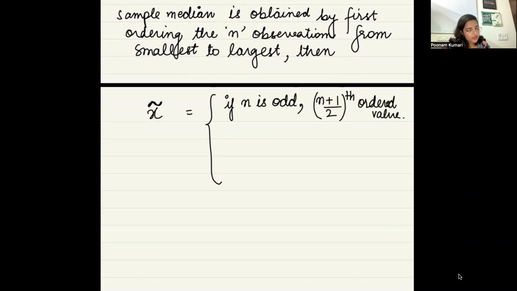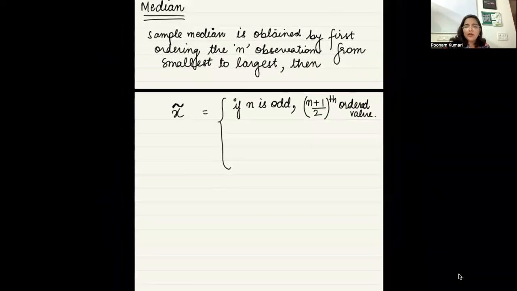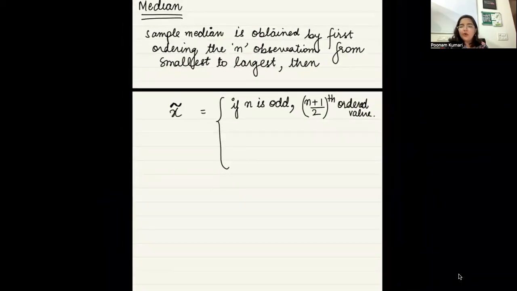So median is not this number. Median is whatever this number will come. So that will be the position. If this comes out to be 10, that means in that ordering, whatever my 10th position is, whatever that number is, that is my median value. Okay, so this is your median value if your n is odd.